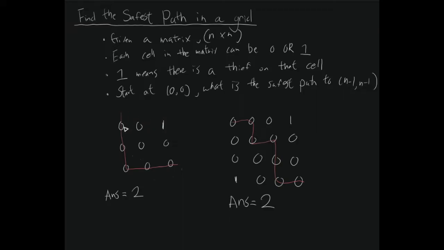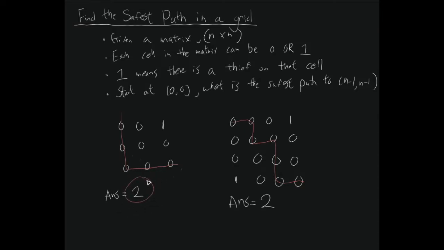Because you have to go from 0, 0 all the way to n-1, n-1, no matter what other path you choose, you would end up having the thief being able to steal from you at 2 steps. So that's why the answer is obviously just 2.